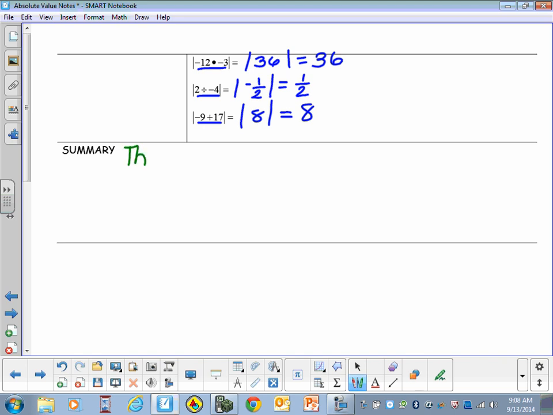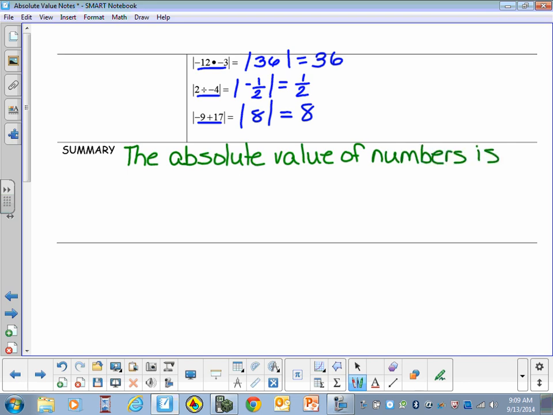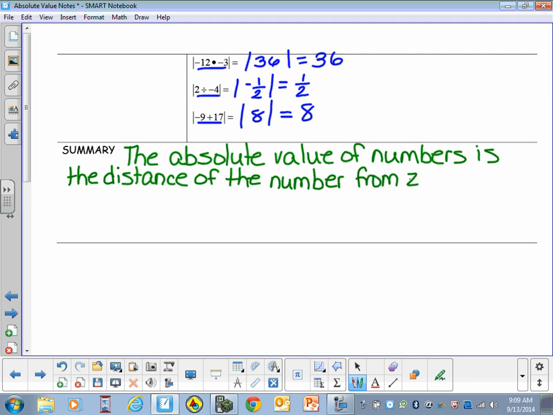The absolute value of numbers is the distance of the number from 0; it is always positive.